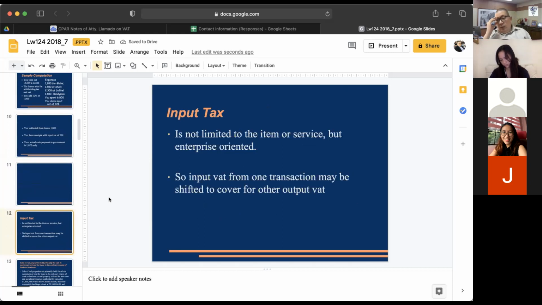Okay? So in terms of your business operation, if you're running the business, you have to remember input tax is not limited to the exact item. Hindi siya 1:1. Bumili ka ng laptop, input VAT, tapos benta ka ng laptop, yun lang ang kailangan mong i-match. Hindi ganyan.